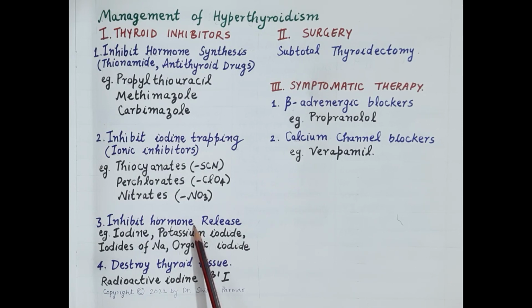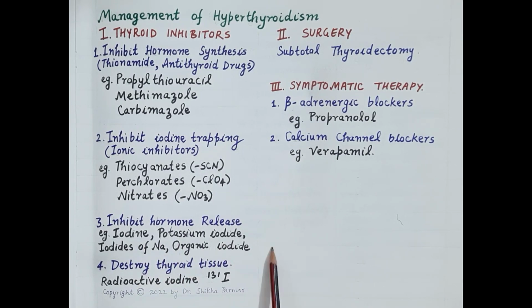Now, as we know, iodine is essential for the synthesis of T3 and T4, but high doses of iodine inhibit synthesis of T3 and T4. Now, drugs in this class are iodine, that is high doses of iodine, then potassium iodide, then iodides of sodium, then organic iodide, etc.